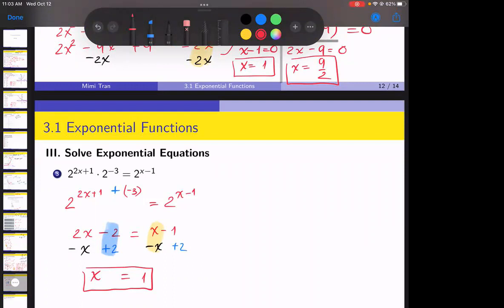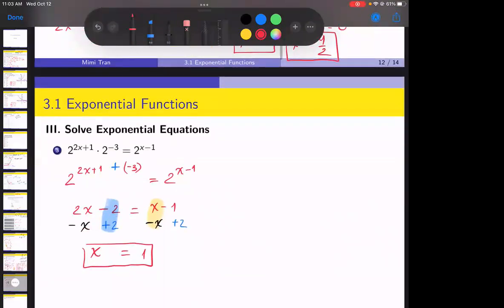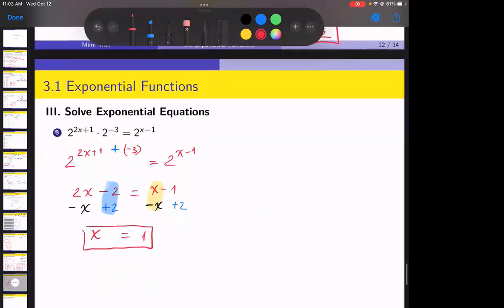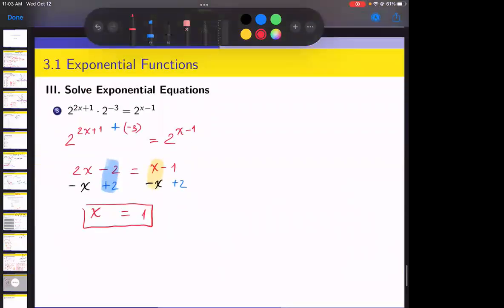I combine two steps together because I thought you guys know how to solve the linear equation. But please, take your time. I'm allowed to make mistakes because I don't take the test. You guys, however, do. All right, any more questions for this one?